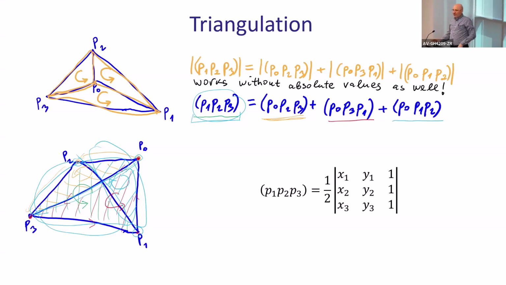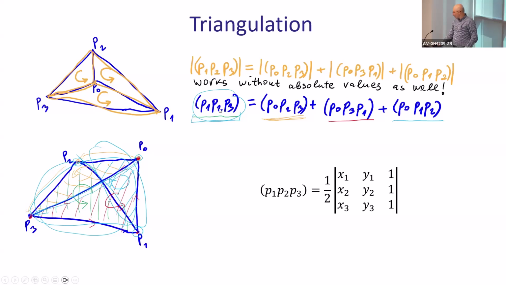Now, what happens if you put the P0 point outside of that triangle? Like that. So you still have the same triangle, P1, P2, P3, but I'm putting that point outside, somewhere else, not inside the triangle. So let's see what happens. It's a little bit messy here, but let's try to follow. So you want to compute the area of that triangle.